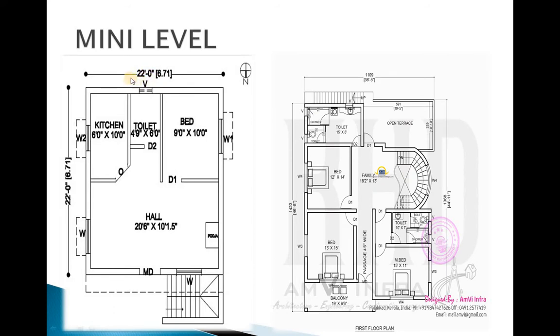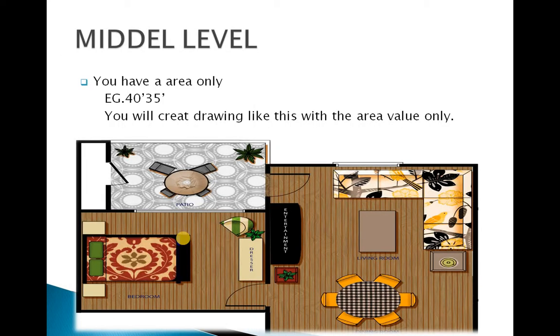At mini level, you will gain knowledge about your commands: how to create this line, how to chamfer this door, how to create all these stairs with exact or standard dimensions. After learning all standard dimensions or drawings, you reach the middle level.